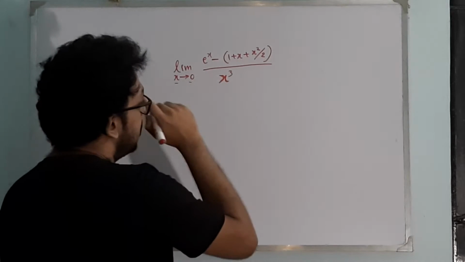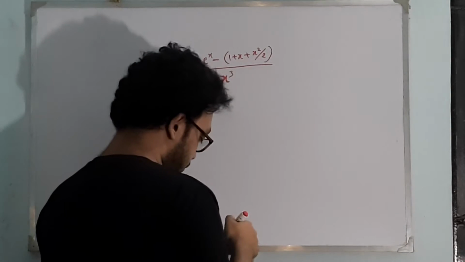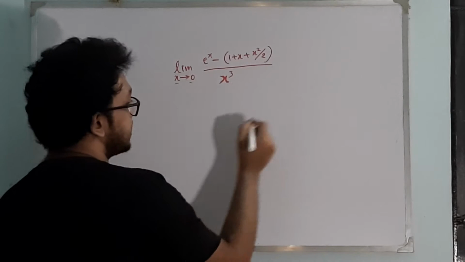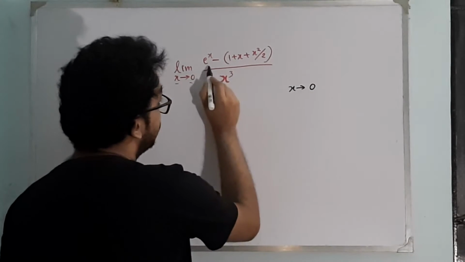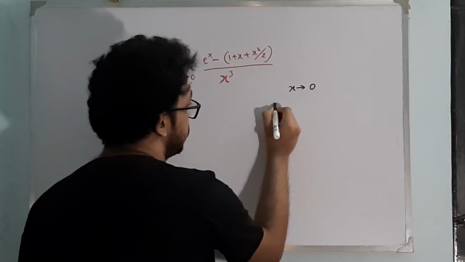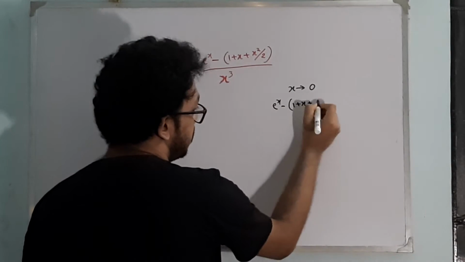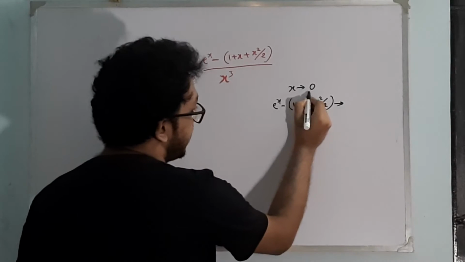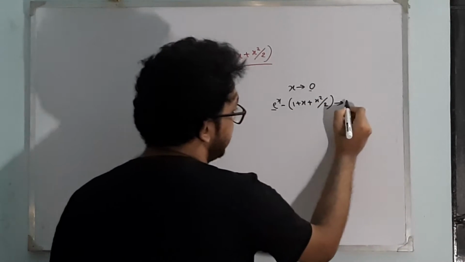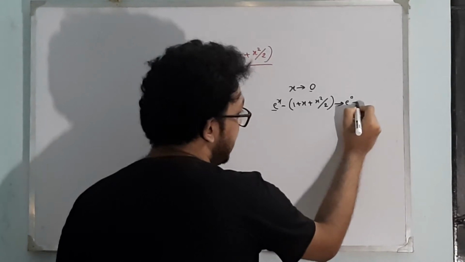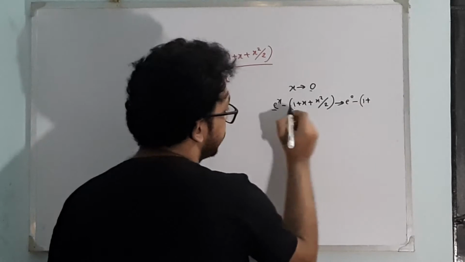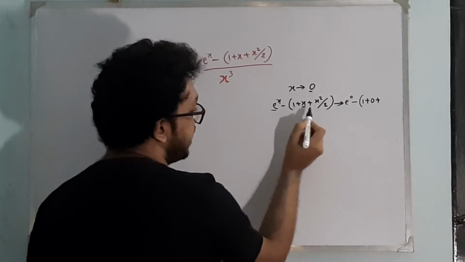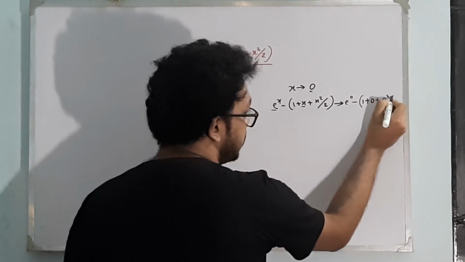Now observe. You see that when x is tending towards 0, e to the power x minus 1 plus x square by 2 tends towards, e to the power 0 minus 1 plus, since x is also tending towards 0, x square by 2 will tend towards 0 square by 2.